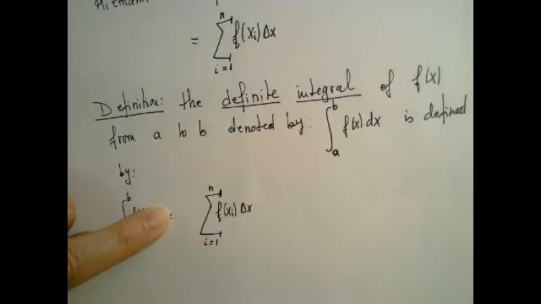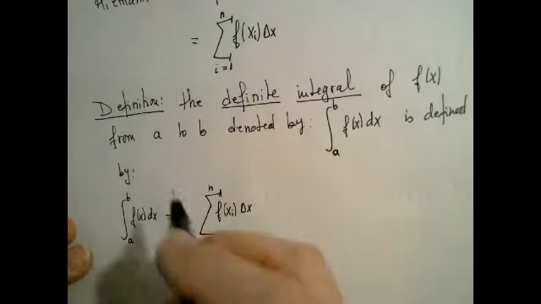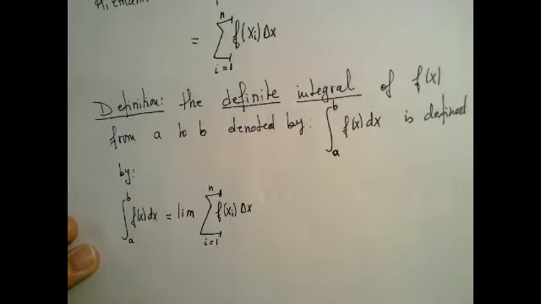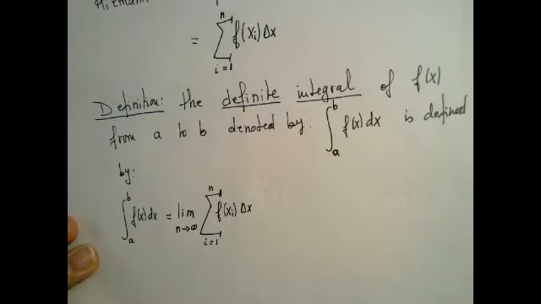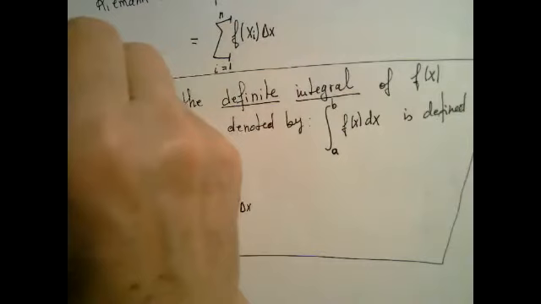You keep evaluating them, and then you ask yourself, when n becomes large, what's the number they are getting close to? Mathematically, the way we express it is by saying you compute those sums for n, and you ask yourself what happens to them. That's the idea of a limit. It means what happens to them when n goes to infinity, when n becomes very large. Okay, so that's the definition of the definite integral.